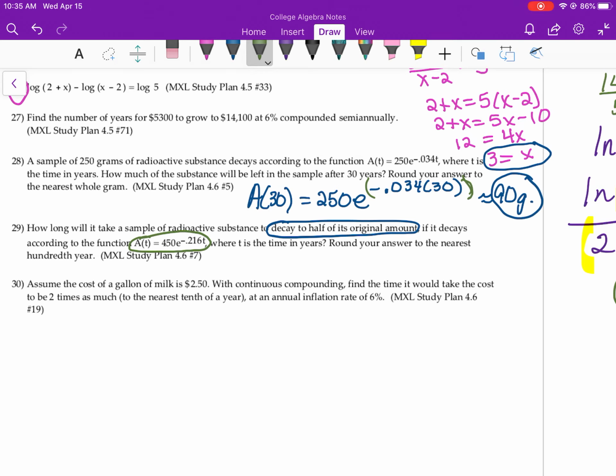We're going to end up with half of it, so that's 225. But again, that doesn't matter. What you need to do here is just realize that if it's decaying to half, this is going to be 1/2. Again, that's taking 225 divided by the 450.